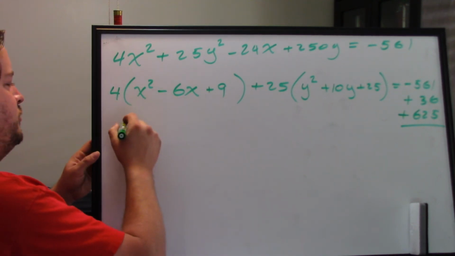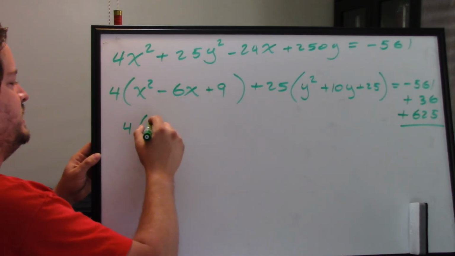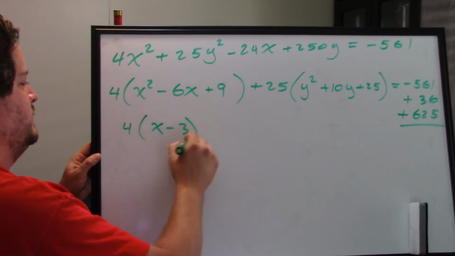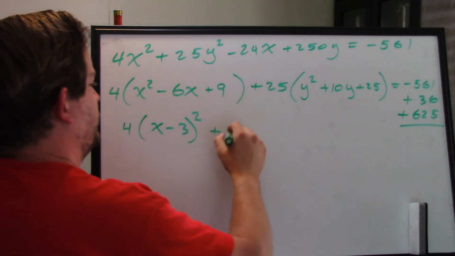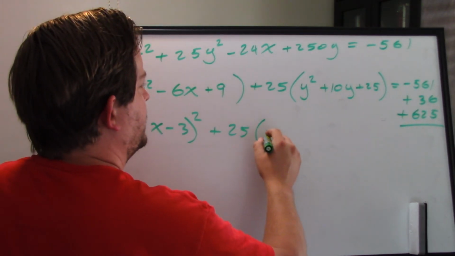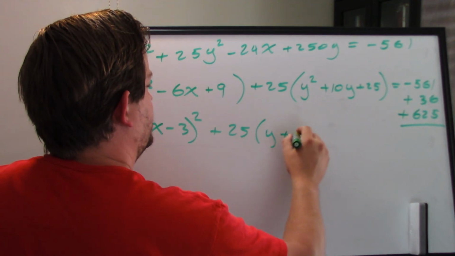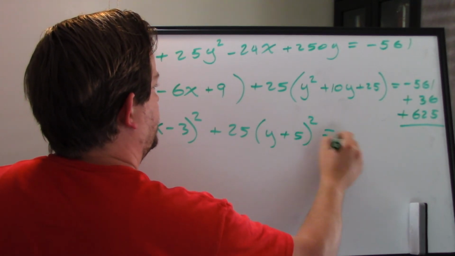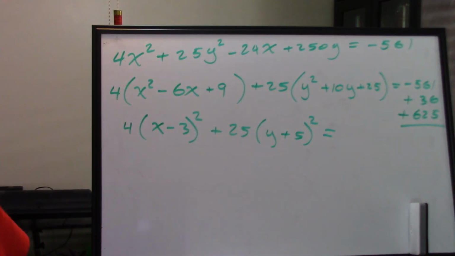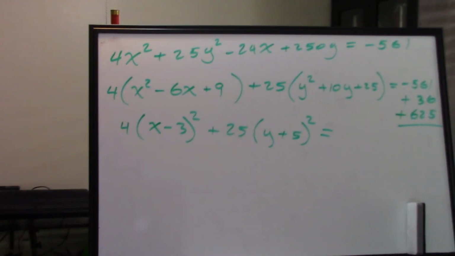So on the left, I get 4 multiplied by x minus 3 squared plus 25 multiplied by y plus 5 squared equals, I don't know, let's see, 625. Oops.